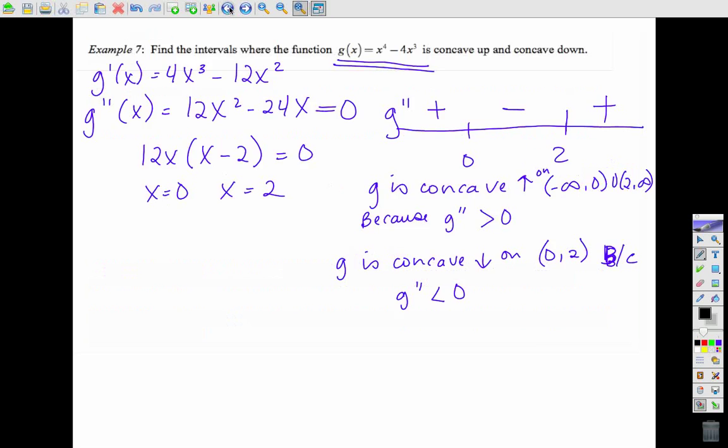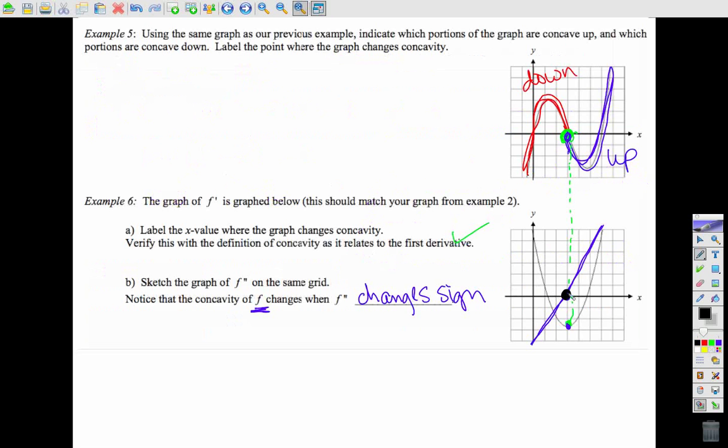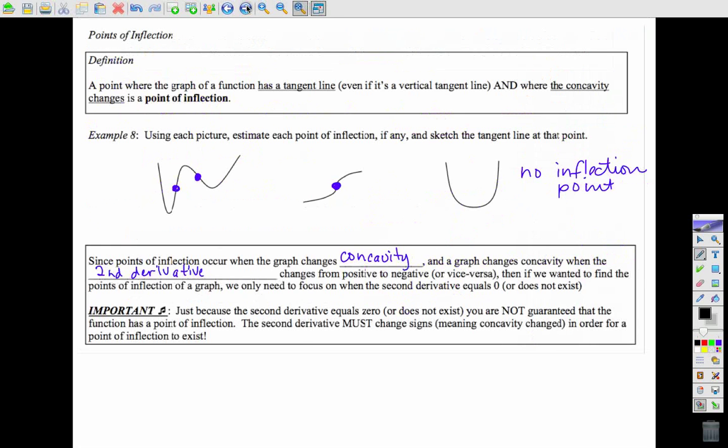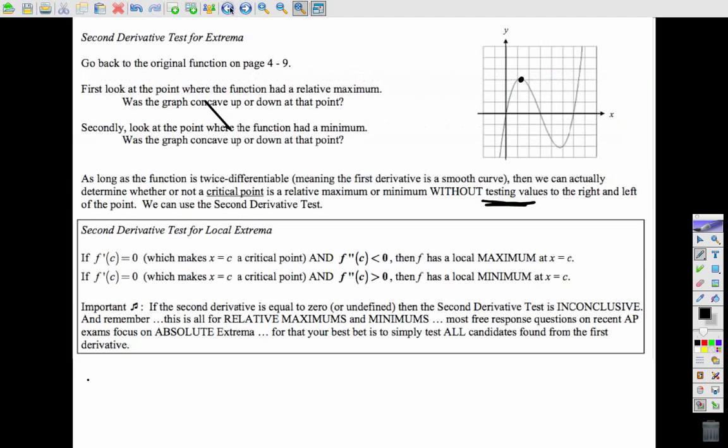If you go back to this page right here, the second derivative from this point right here is less than 0. So when that happens, you have a local maximum at that point. All right, and when f prime of c equals 0 and f double prime is greater than 0, then you have a local minimum. That's what happens right here.